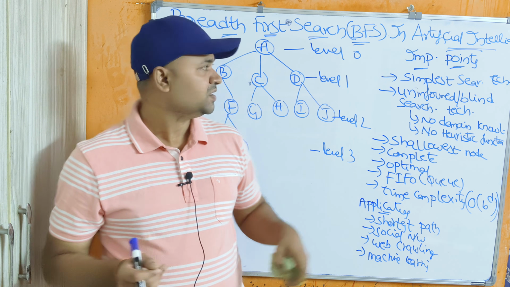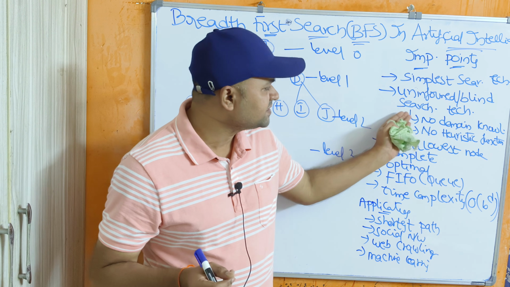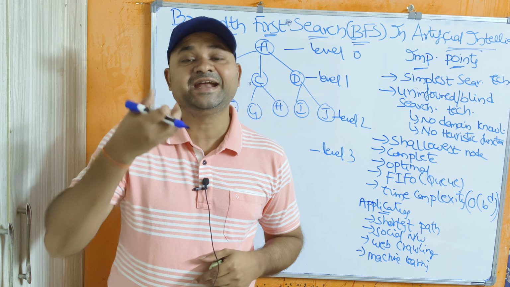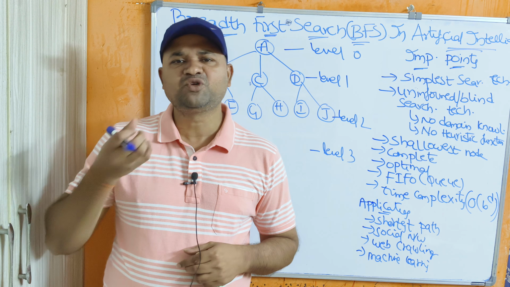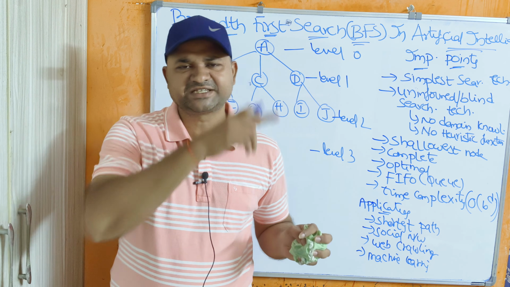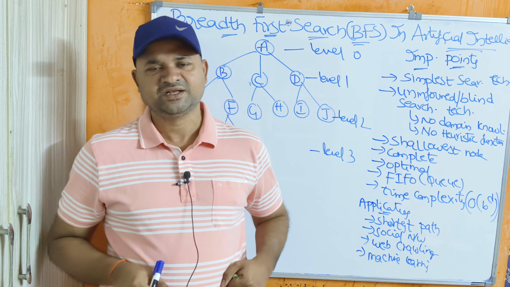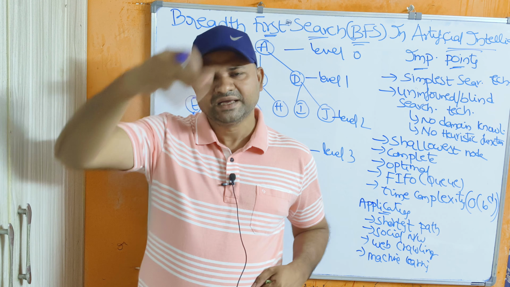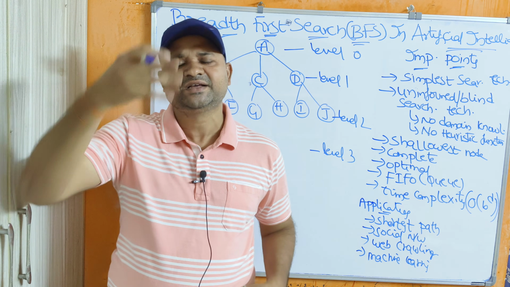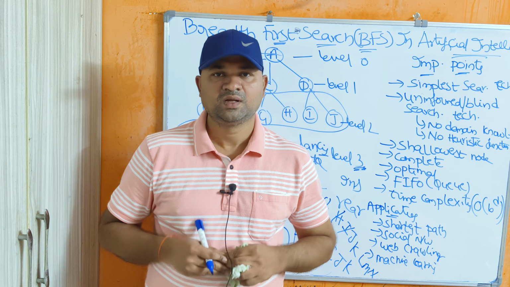So an uninformed search technique doesn't use any additional information about the goal state. Just the graph information is needed. There is no need to have any extra domain knowledge, or to calculate heuristic functions, okay?